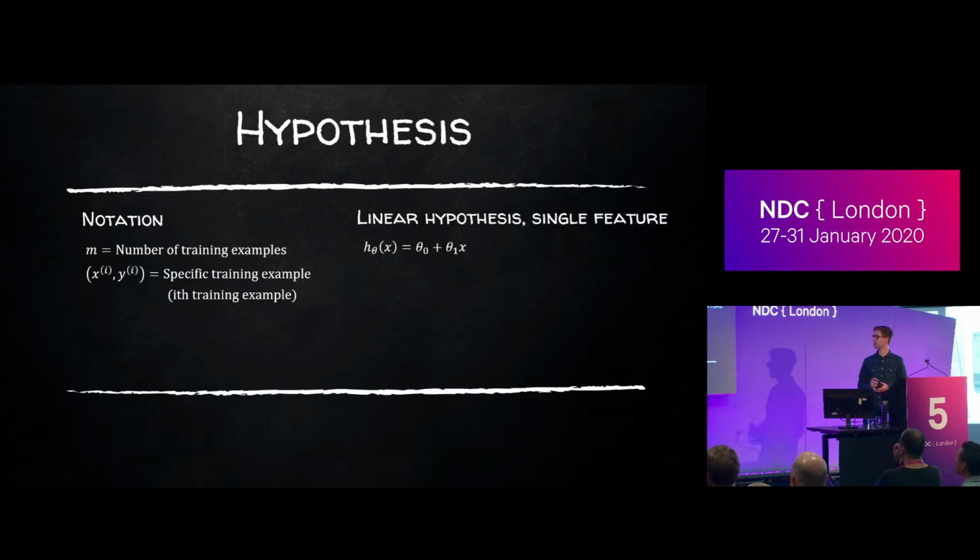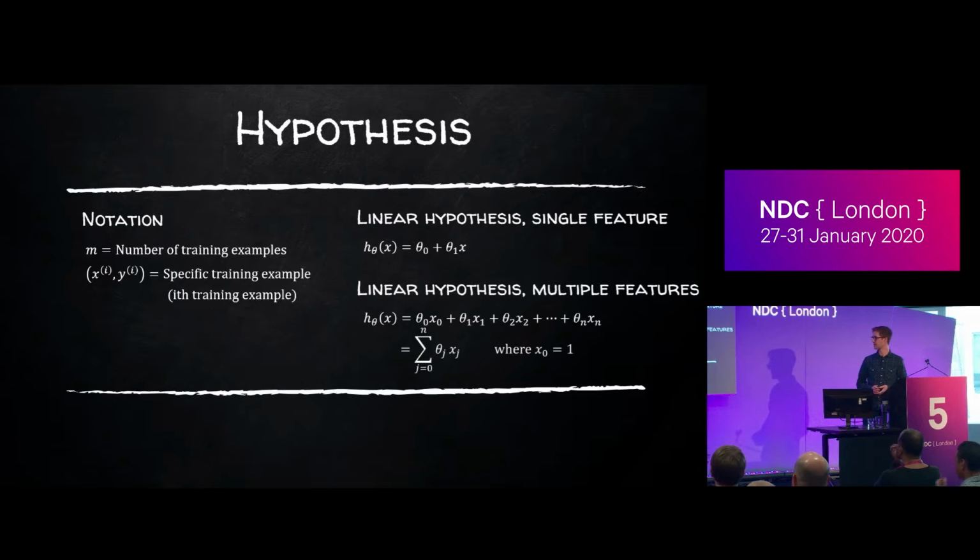This linear hypothesis right now has a single feature, and I can tell you already now that if we're going to make a Lego car steer by itself, a single feature is just not enough. So we are going to introduce more features: x1, x2, x3, and so on.